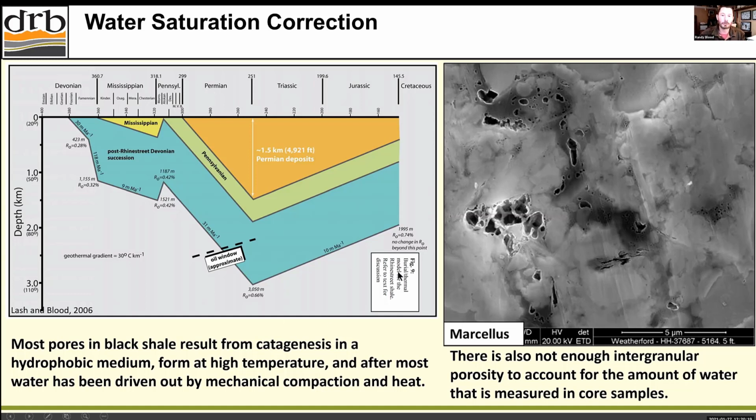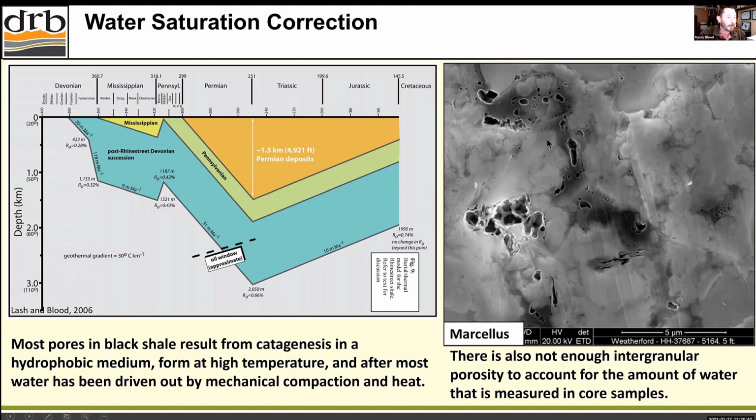But more so, these are hydrophobic systems. They don't like having water in them. So we have to come up with a way to put brines in pores that don't exist until we're well down into the hydrocarbon generation window, and we have to put that water into a material that does not like having water in it.